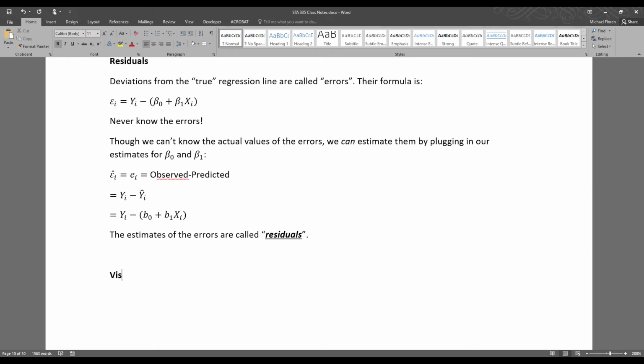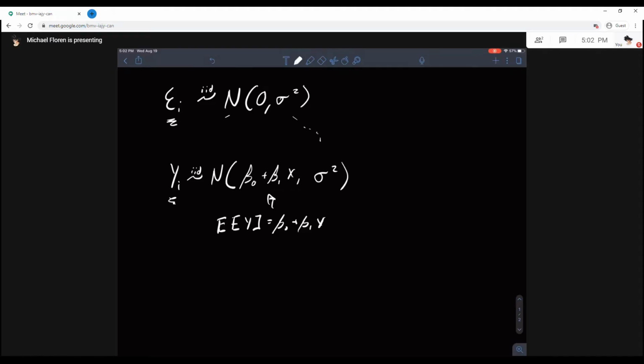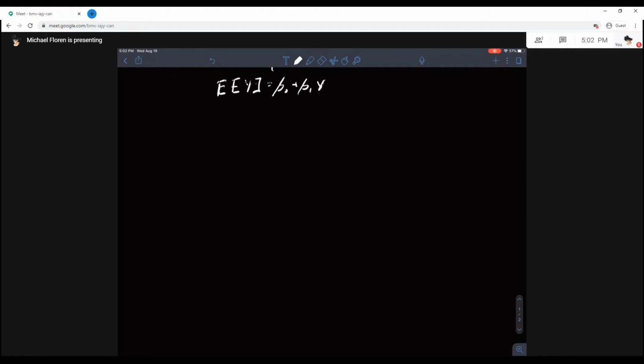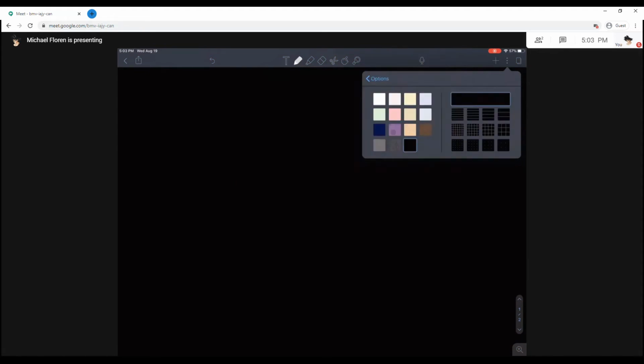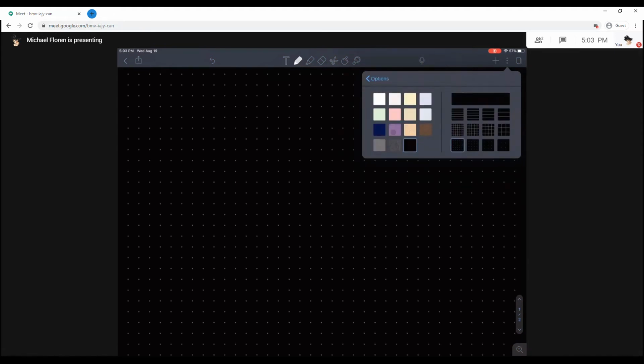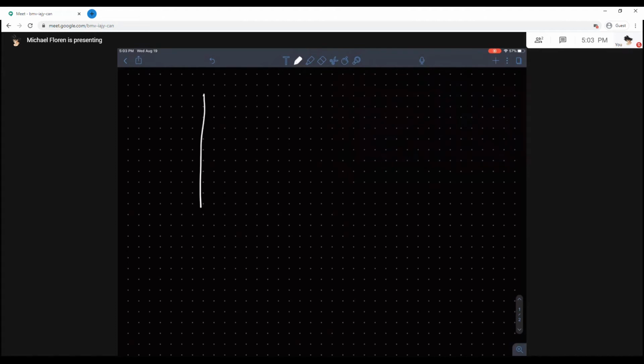Now this has been a lot, but let's visualize the difference between an error and a residual. And visualizing this difference comes from understanding the difference in our regression lines. So let's go to this blackboard, and I'm going to get some grid paper here. And so let's say we have a grid.